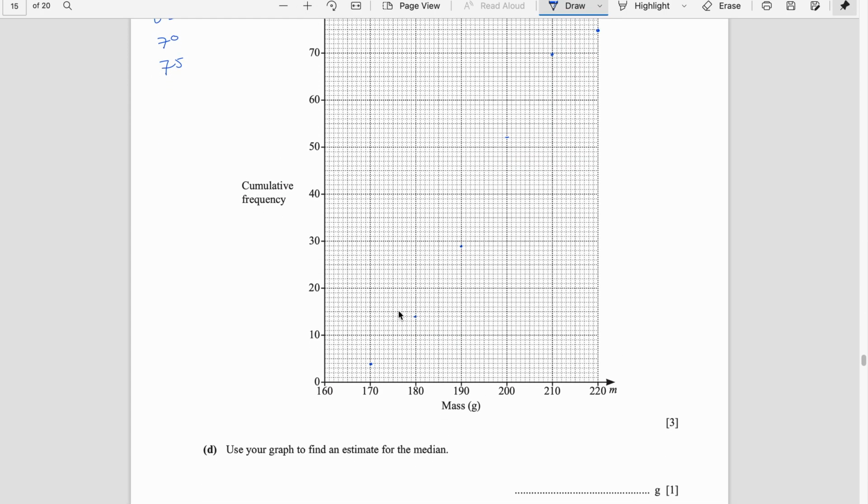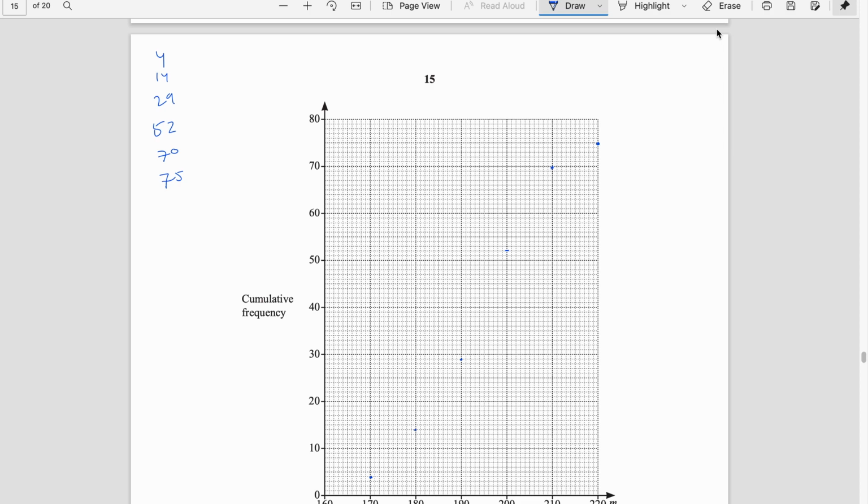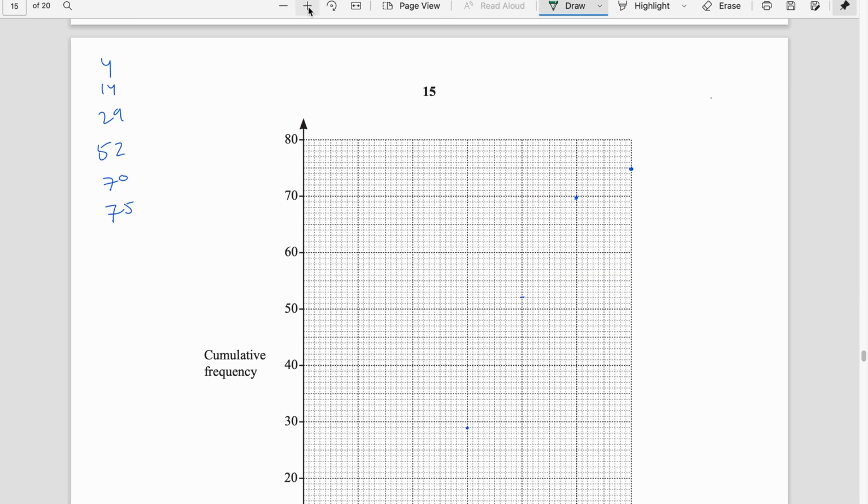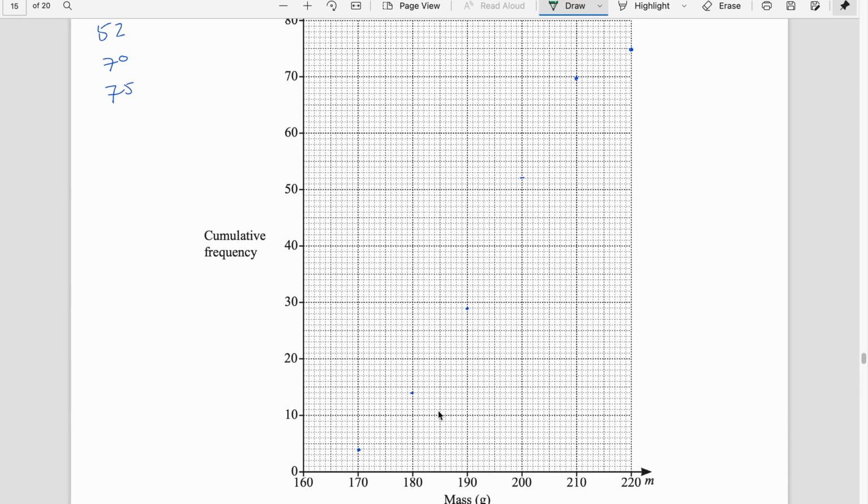So use your graph. Okay, first let's sketch it. Again, this should be a smooth curve. Trying to be as accurate as I can.